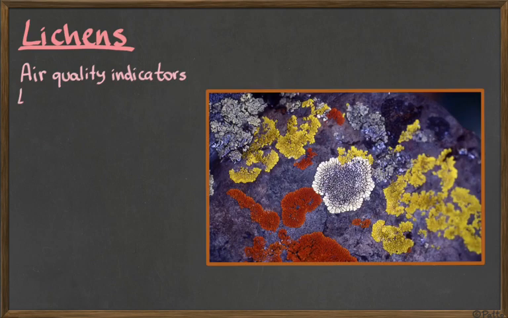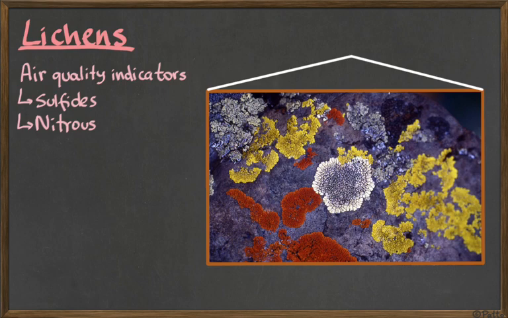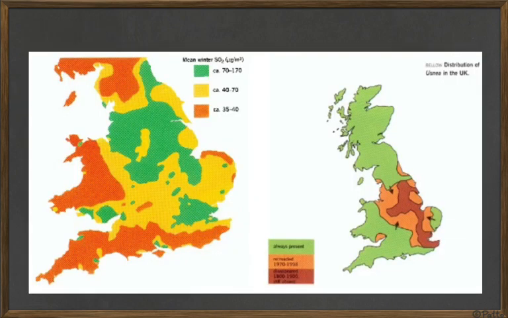They indicate air quality because they may be or may not be sensitive to some sulfides and some nitrous gases. So if you have much of the sulfides or nitrous gases, some species are going to thrive, other species are not going to be able to thrive or to survive at all. To give you an example, you have one species, this Usnea, in the United Kingdom.